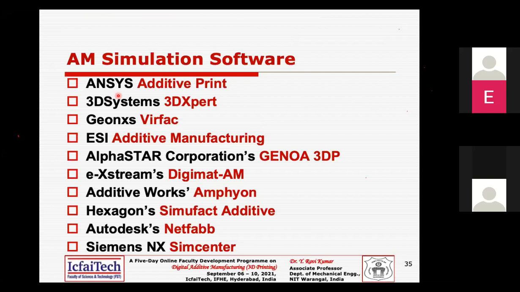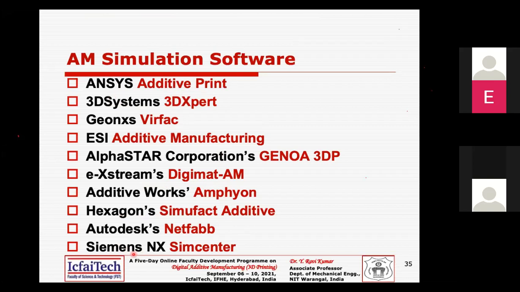You can have Additive Print from ANSYS, or 3D Expert from 3D Systems, or you can have DIGIMAT from e-Xstream, or you can have, say, Simufact Additive from Hexagon, and Simcenter from Siemens.